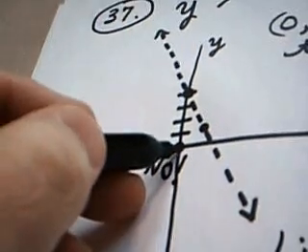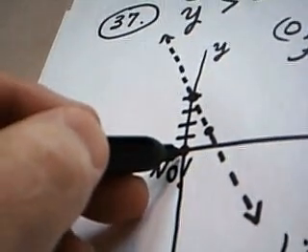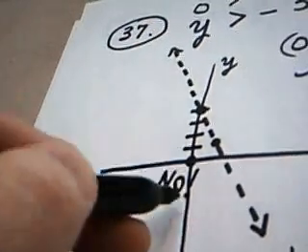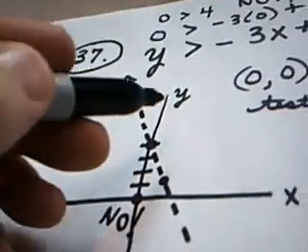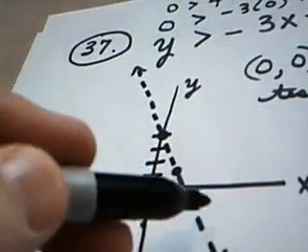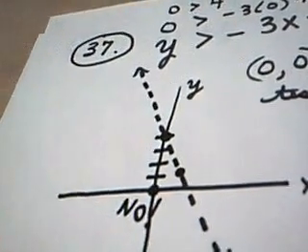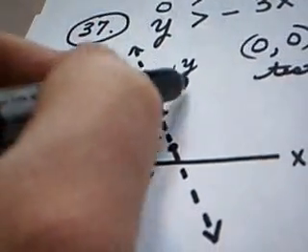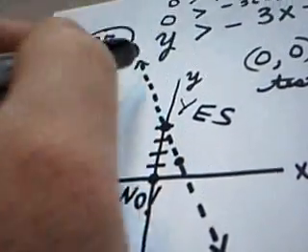Well, what that means is the test point represents all the points below the line. If this doesn't work, none of them work. So what should that automatically mean about the points above the line? It should mean those are your yeses. Yes means yes, we work. Yes, we are the side that works.